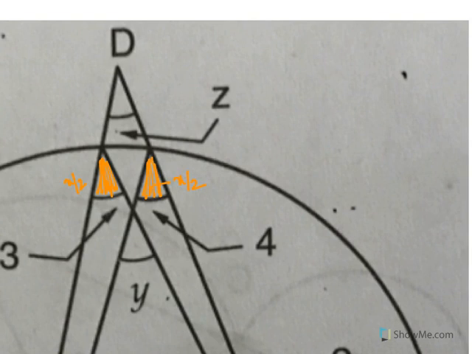Then by linear pair, we had this angle here as 180 minus X by 2. Similarly, here this angle also was 180 minus X by 2. This angle was Y, hence here this angle is also Y by vertically opposite angles.